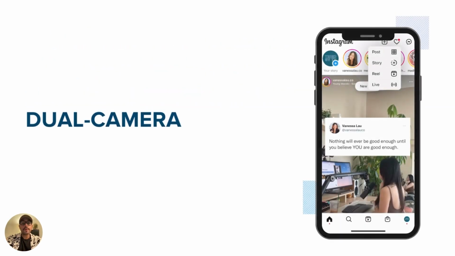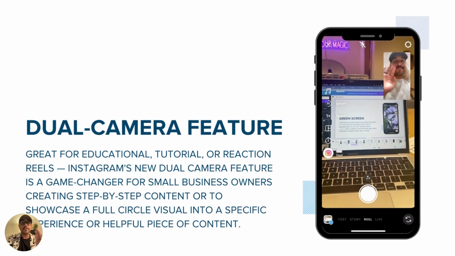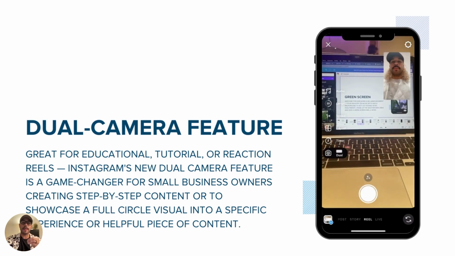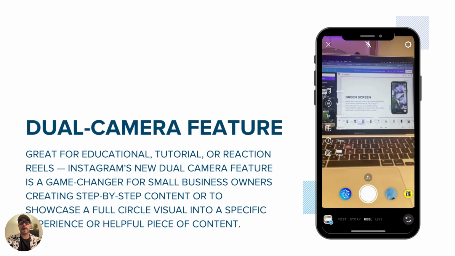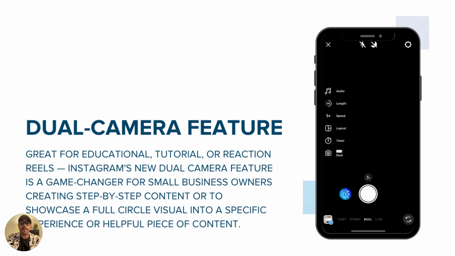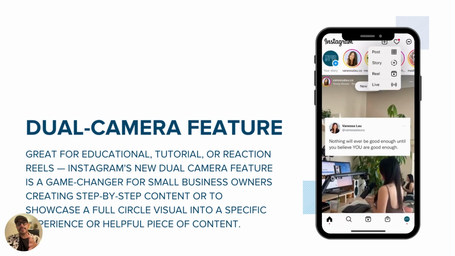Instagram Reels recently introduced a dual camera feature, which is really, really great for educational, tutorial, or reactionary content. And it's pretty self-explanatory. All it is is that you have the ability to film a reel using both your front and back cameras. So it's really great for showcasing your process step by step.